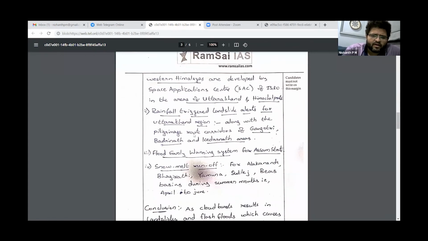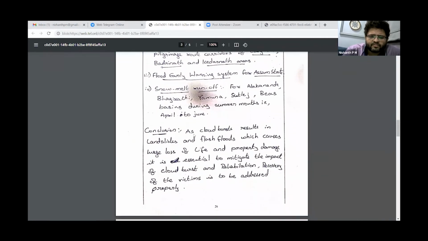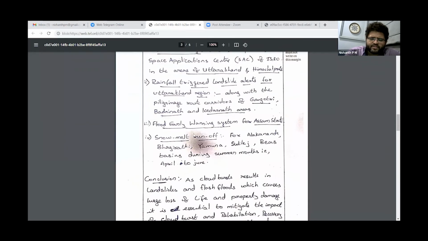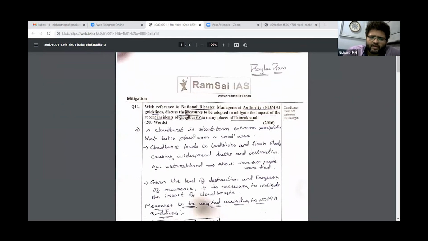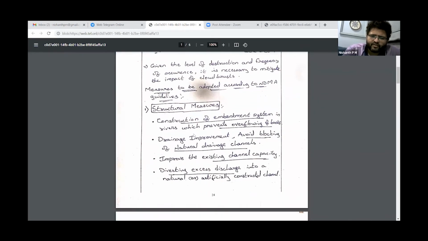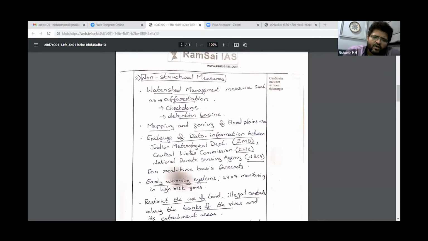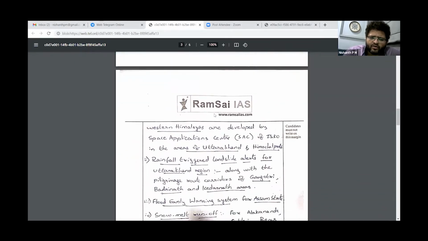And then conclusion, good. I think this is the model answer. If someone is trying to see the model answer, Raghu's answer for the 10th question is very good. I mean, very holistic. Try to maintain this kind of quality, Raghu.